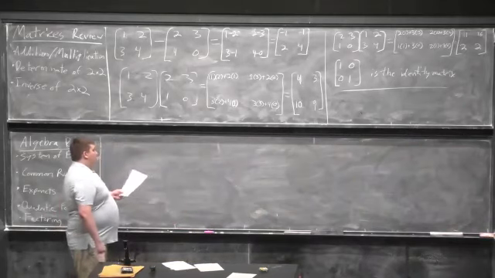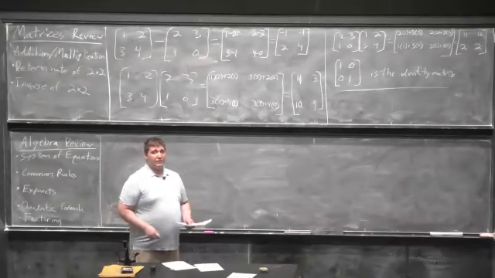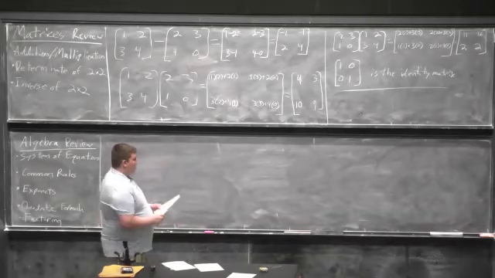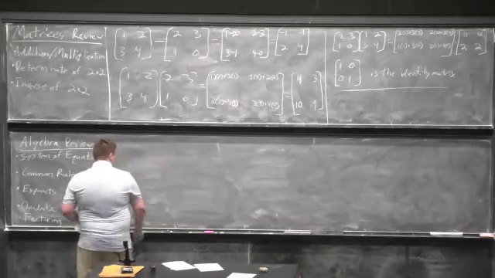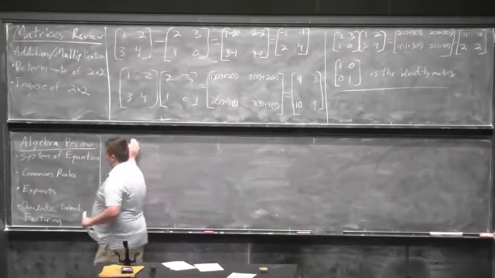And so we need to know, 1, how to find an inverse matrix, and 2, how to verify that it's an inverse matrix. But to do that, we first need to know about the determinant.